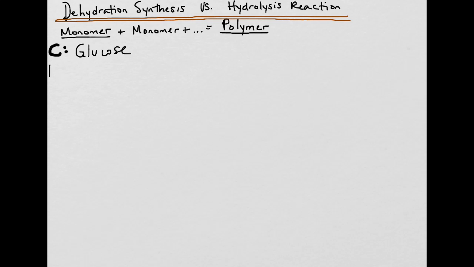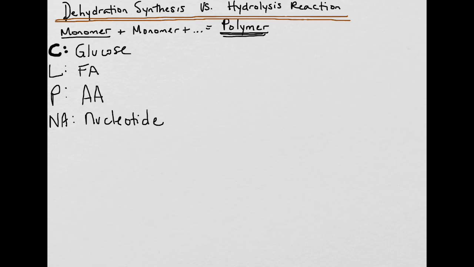For lipids, you might use fatty acids, FA, as your example of monomers. For proteins, amino acids, AA. And for nucleic acids, we would use nucleotides. So these are the subunits that we will hook together to make the polymers.